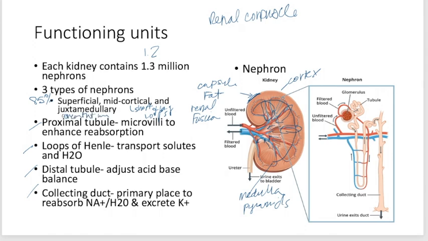So the proximal convoluted tubule continues from the Bowman capsule and has an initial convoluted segment and then a straight segment, and that descends into the medulla. And then the loop of Henle, so this is the proximal tubule that joins in a hairpin shaped loop of Henle. We have the distal tubule, has a straight and convoluted segment as well, and then it extends from the macula densa into the collecting duct.